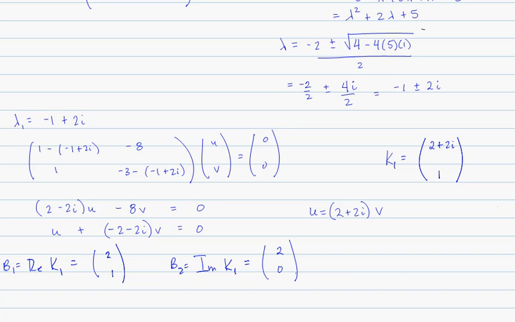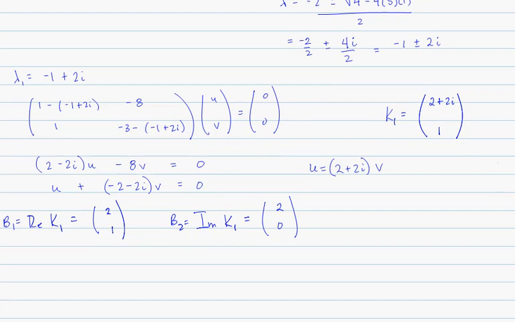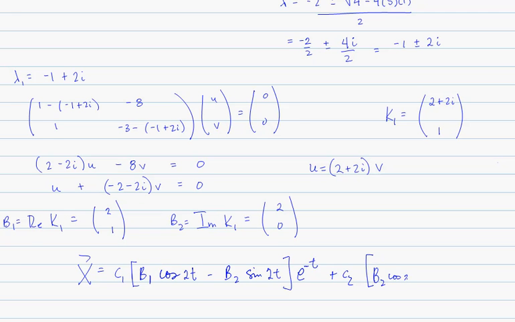And then finally, now I can write my general solution, which is going to be x is equal to c1 times, let me just write it, b1 cosine of beta, which is 2t, minus b2 sine of 2t, e to the minus t, where alpha is negative 1, and plus c2 times b2 cosine of 2t plus b1 sine of 2t, e to the minus t.